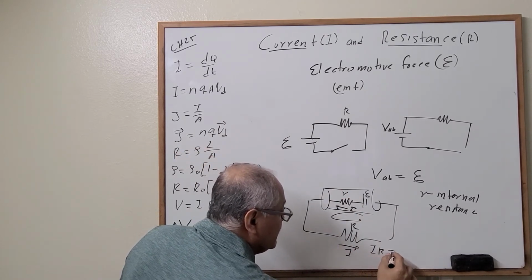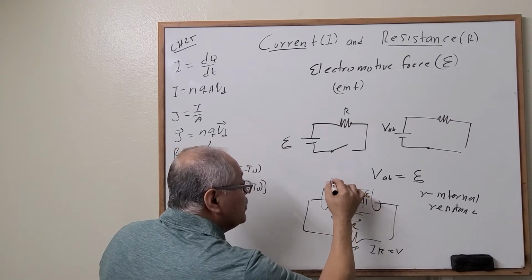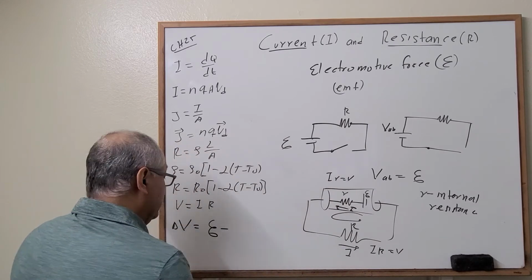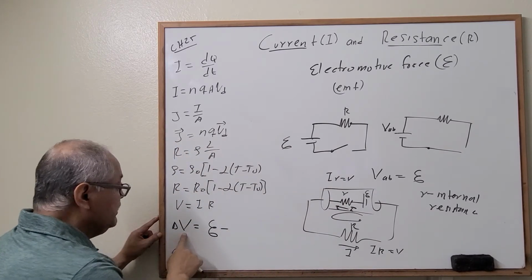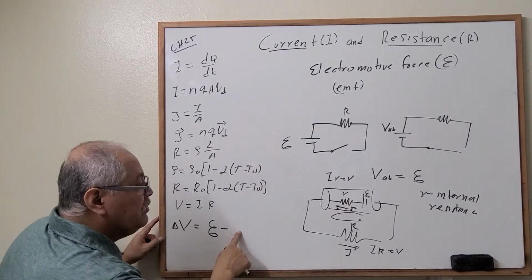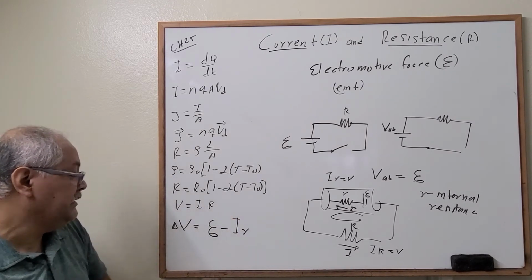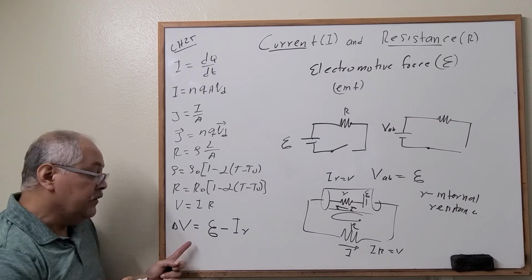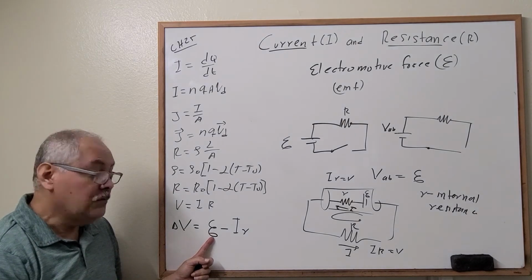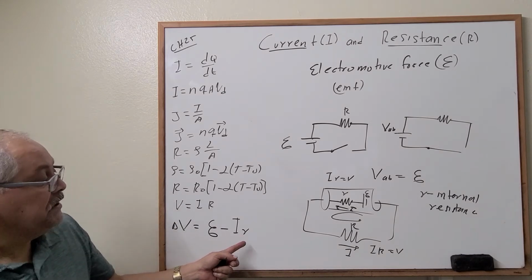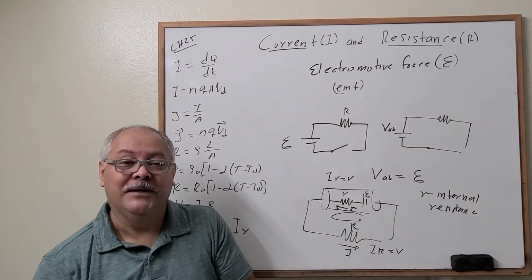Current times resistance equals voltage, and the units are volts. So the voltage of the battery is equal to the electromotive force minus the current times the internal resistance of the battery.